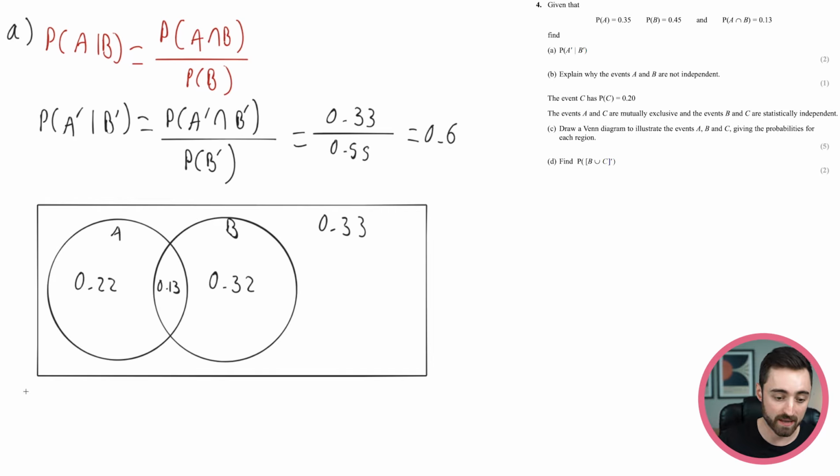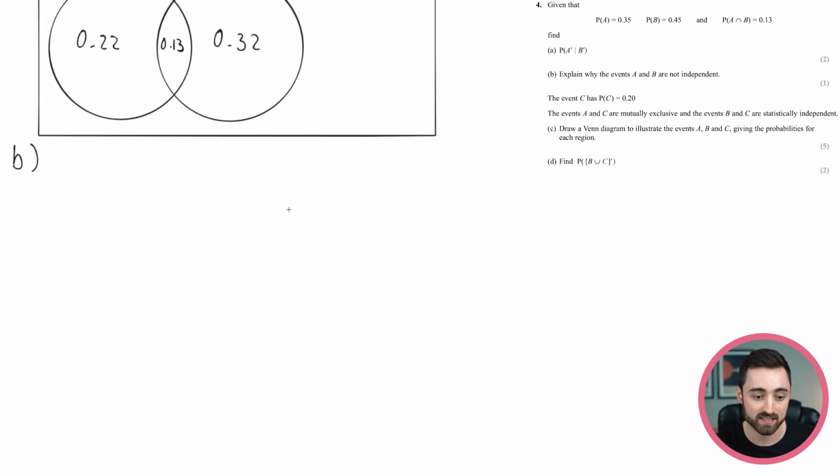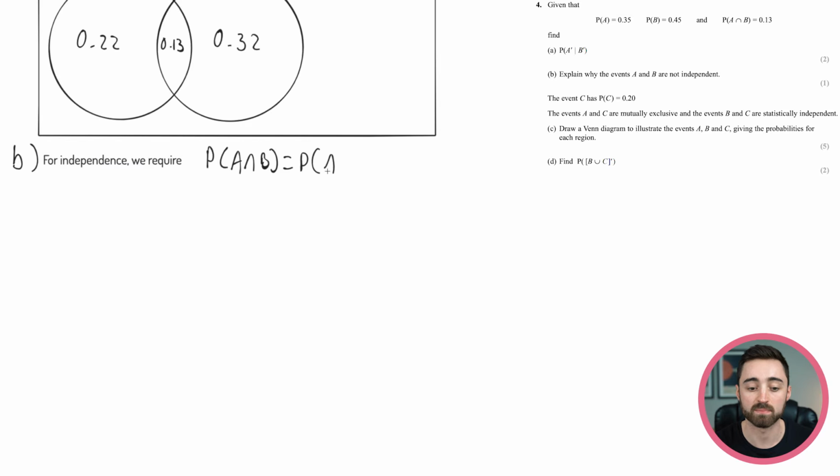Part B. Explain why A and B are not independent. The condition for independence is that the probability of A and B must be the same as the probability of A multiplied by the probability of B. If this is not the case, they aren't independent. So just work them out.